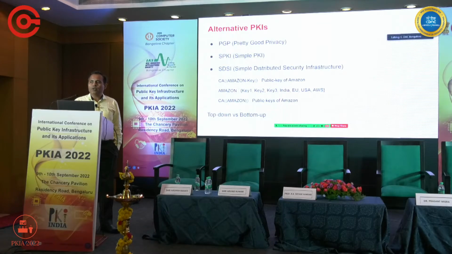So what people have been doing alternatively? These problems are not that they are coming to fore these days. People are aware of these things, and people are aware of the way hierarchical PKIs has trust issues. So people tried alternatives like PGP.